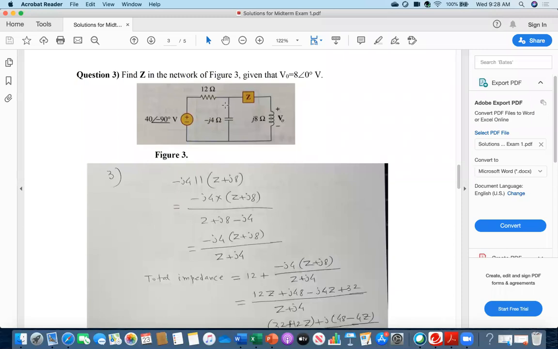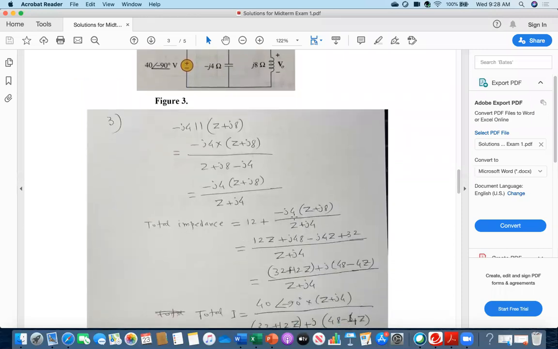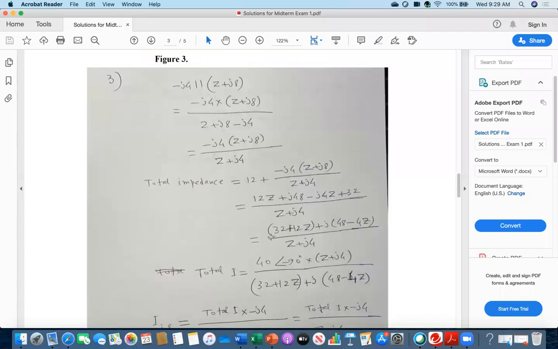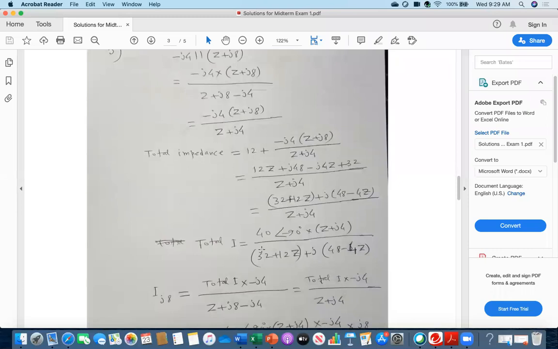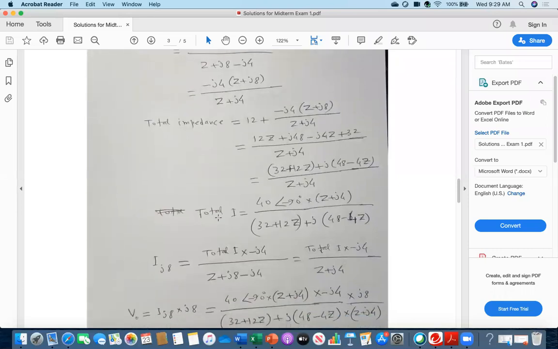This you see, 12 plus this combination, which you see in my calculation. Then I expressed it in that format. And as I said, this is my total impedance. Here I am calculating total current. So that voltage over this impedance, but I have placed this one in the numerator and this one in the denominator. Just in one step, I have written this one.